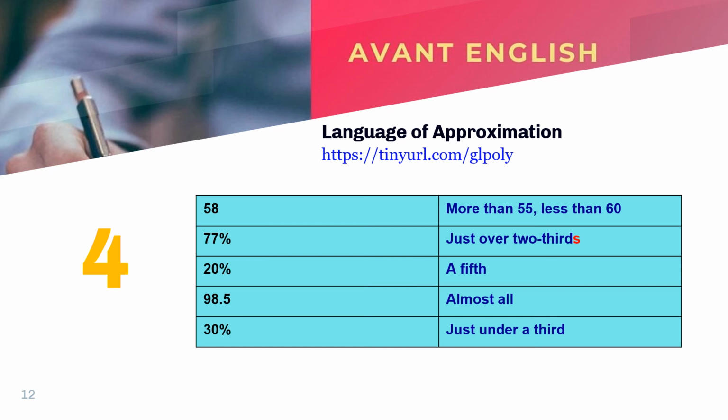Or 77%, just over 2/3. 20%, or a fifth. Or 98.5%. You could say, well, almost all. And lastly, 30%, just under a third.